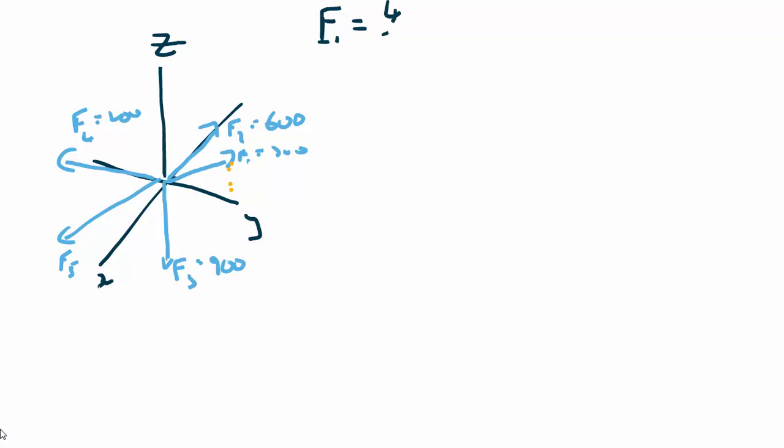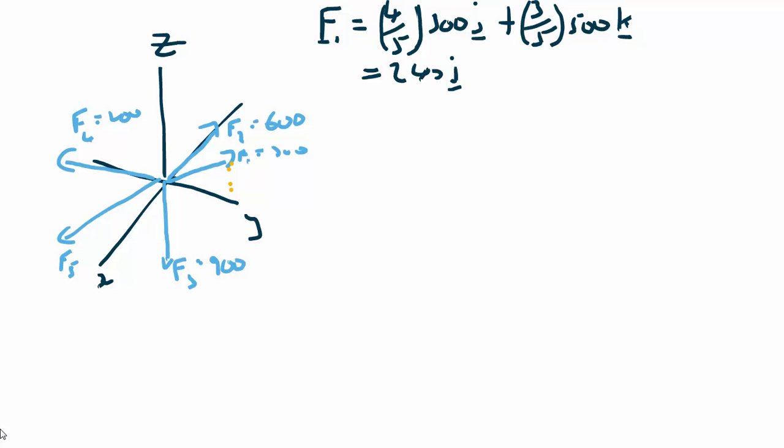It's simply going to be 4/5 of 300 J, plus 3/5 of 500 K. So force 1 done, and if you wanted to put that into numbers, you can just put 240 J plus 180 K.